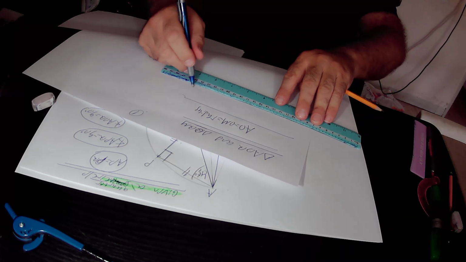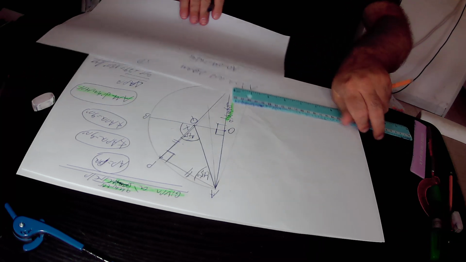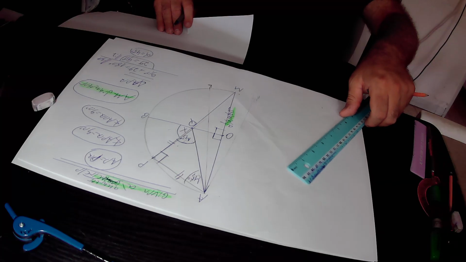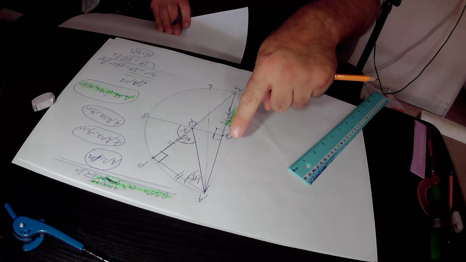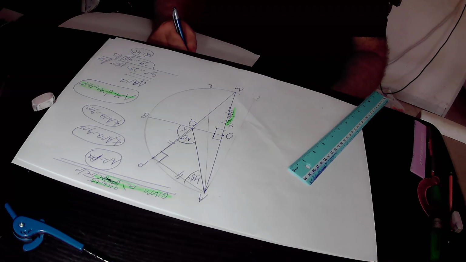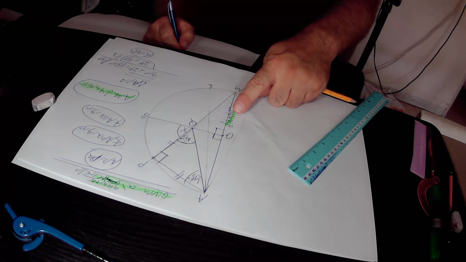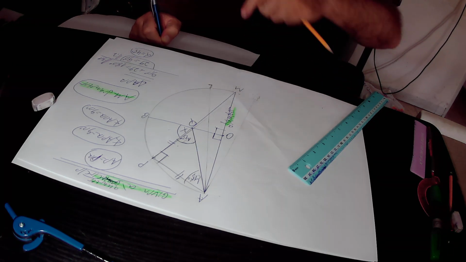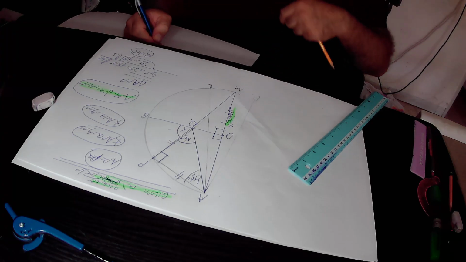In addition, those two angles are both right angles, therefore they are equal to each other. So angle AOQ in the right triangle AOQ is equal to this angle, angle MOQ, in the right triangle OQM.